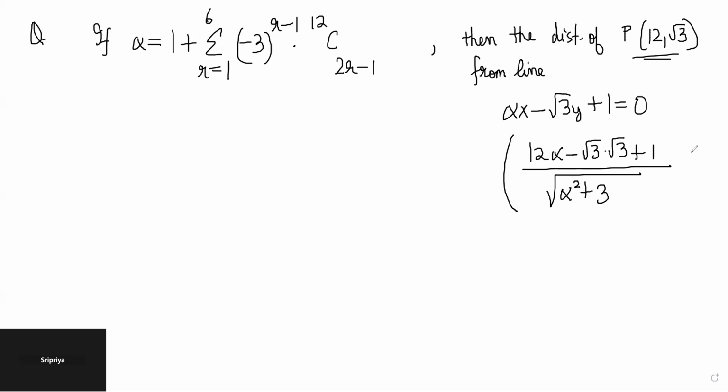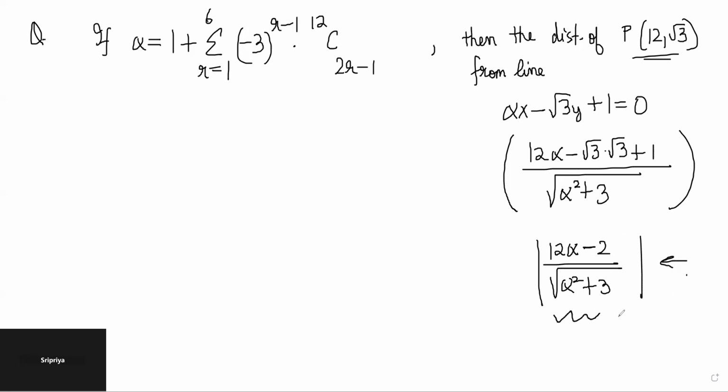So it is the modulus of 12 alpha minus 2, divided by root over alpha square plus 3. That is what we need, so therefore we need alpha.